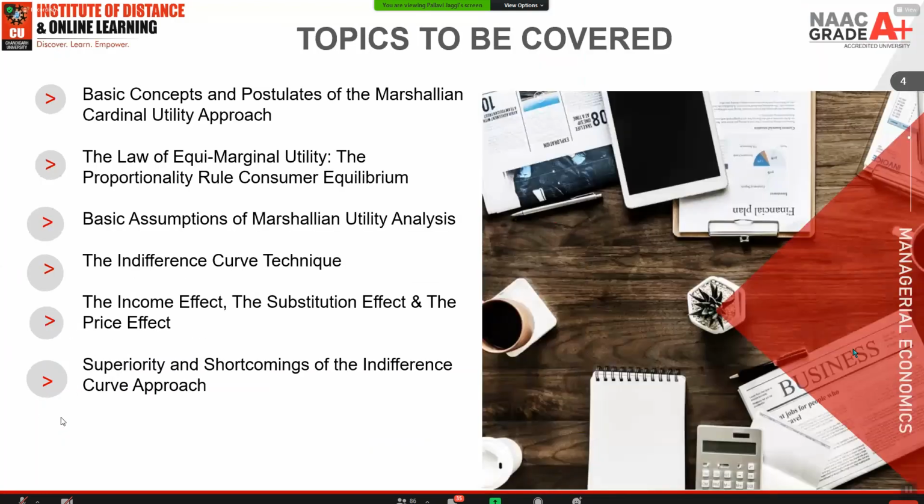The topics we are going to cover are the concepts and postulates of the Marshallian cardinal utility approach, the law of equimarginal utility, and basic assumptions of Marshallian utility analysis. These all are related to the cardinal approach. The indifference curve approach, the income effect, the substitution effect, and the price effect are all related to the ordinal approach.